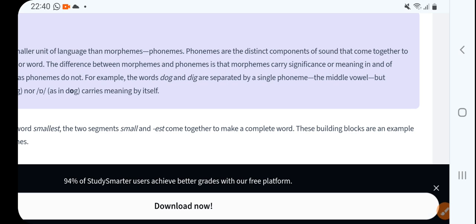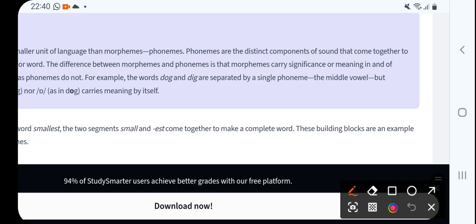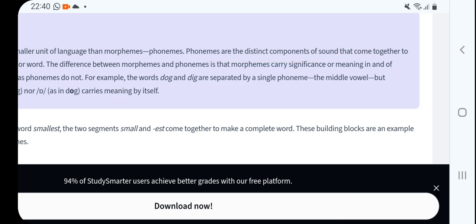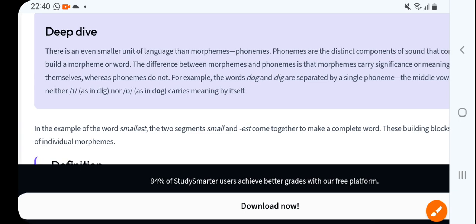Phonemes are the distinct components of sound that come together to build a morpheme or word.